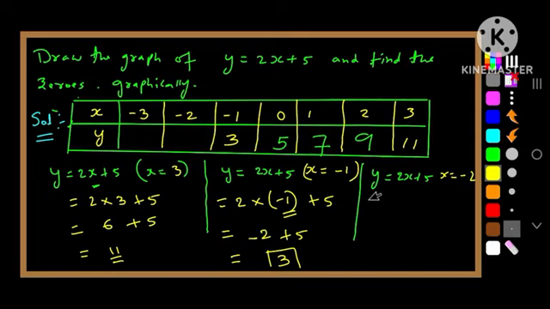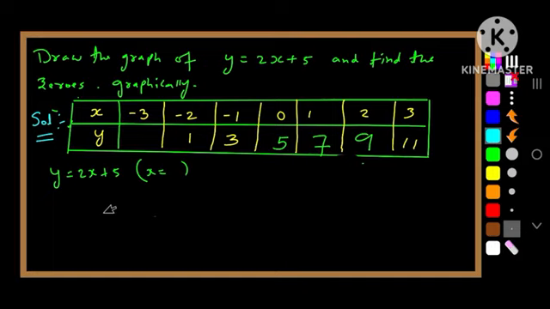So the next value for x is equal to -2. 2 into -2 plus 5. So 2 fours, 2 twos are 4, minus 4 plus 5. So minus into plus is minus. You have to do minus. 5 minus 4 is 1. Greater number sign is plus. So the answer will be plus 1.